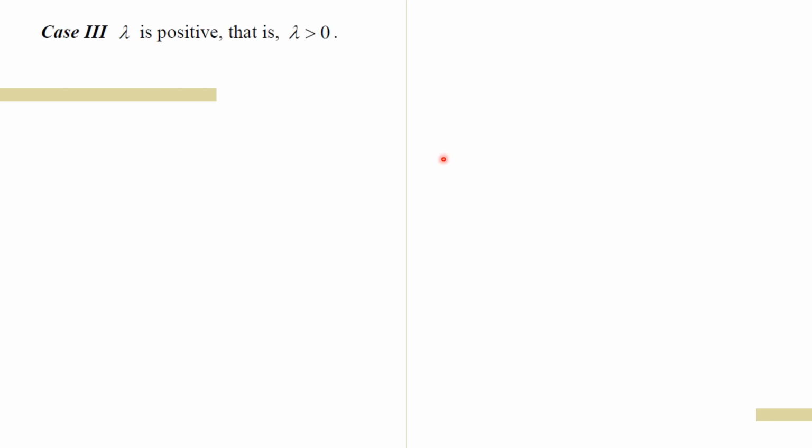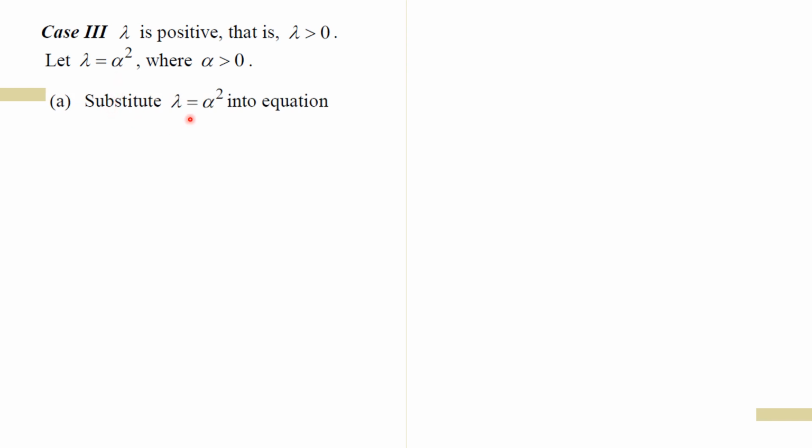Case number 3 is when we consider lambda as a positive number, that is lambda larger than 0. Now let lambda equals to alpha squared, where alpha is larger than 0. So by squaring the alpha, we are guaranteeing that this lambda is always a positive number. Substitute lambda equals to alpha squared into equation number 2.